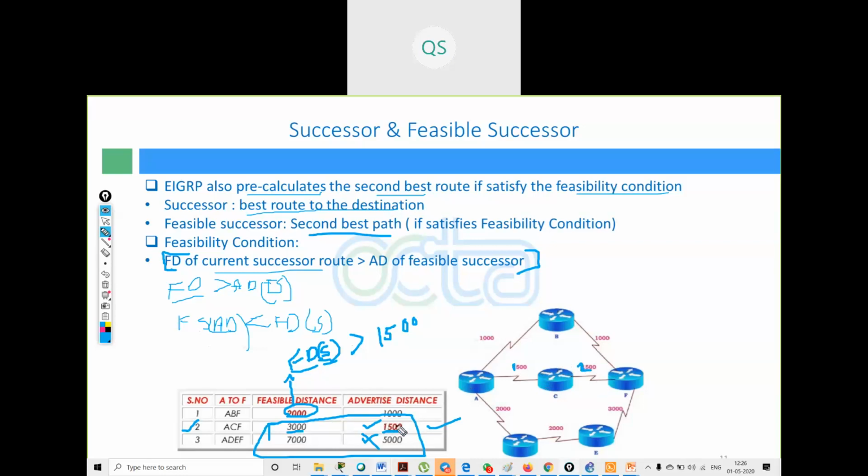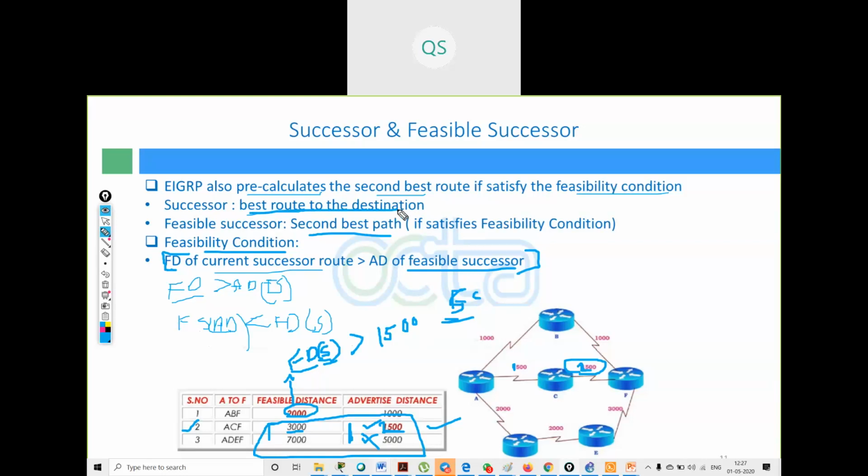Now this advertised distance is 2500, so it will only have the successor. It will not have the feasible successor, because the feasibility condition is not true in both routes. In this scenario, it will not elect a feasible successor. It will have only the best route, the successor information.